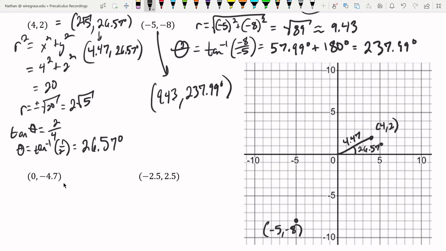Okay, the next one is 0, -4.7. 0 means we don't go left or right. We go down to -4.7. That's just about here. And we could do the polar coordinates of this. We could do r squared and all that stuff. But we don't need to, because we already know the angle. The angle is going to be 3 pi over 2.